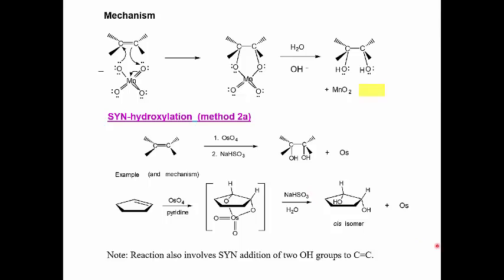The osmium byproduct is a hazardous waste material. It's expensive buying the osmium tetroxide reactant, and it's also expensive to dispose of the osmium byproduct waste. Now, chemists have developed an elegant modification of this reaction that we show in the next slide.